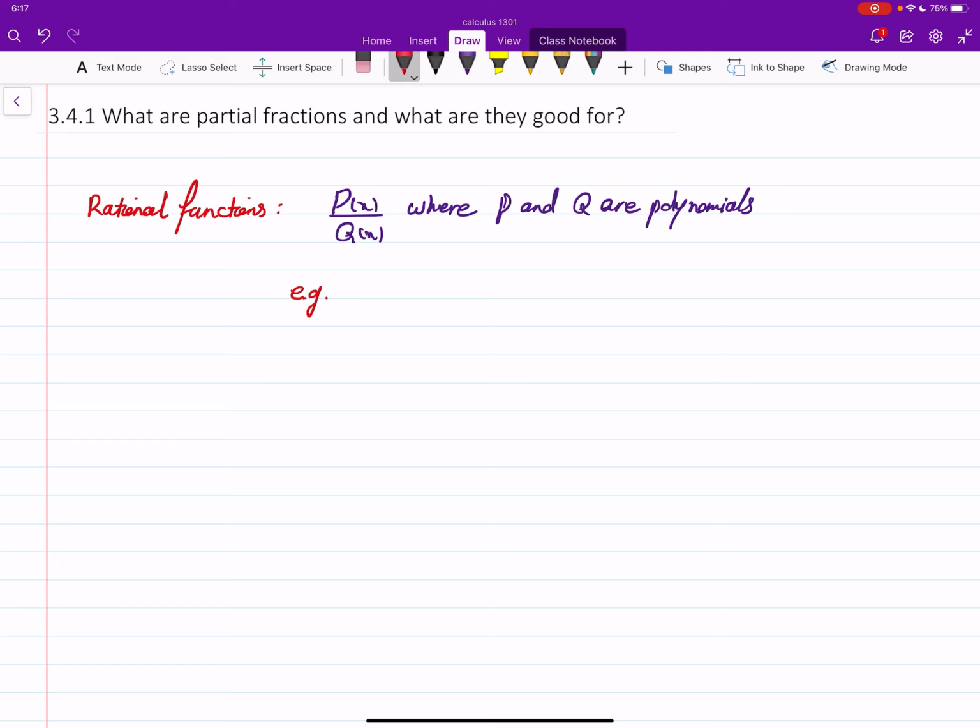Something like, say, x cubed minus 3x squared plus 3x plus 4 over x squared minus x minus 2. Or something like 2x over x squared minus 1. So these are examples of rational functions.